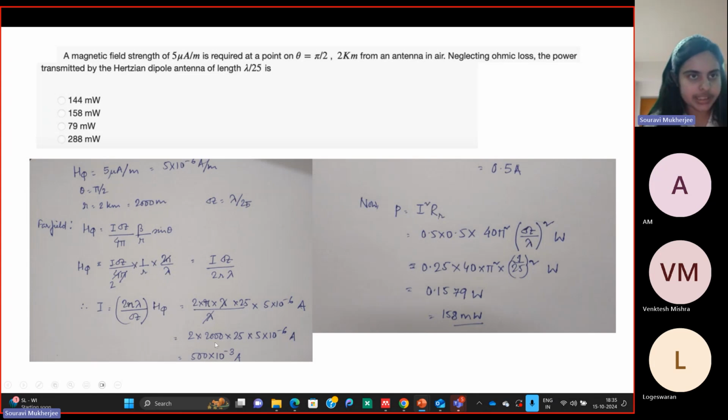Now, once you know the current, it is said, what is the power transmitted? So now you know the expression for the power, right? It's given as P is equal to I square R. And here, as you can see, you know I from here, and R is the radiation resistance. So this is the relation that we have used, right? You can see in this case, your L is much smaller than lambda by 4, so you can use this relation.